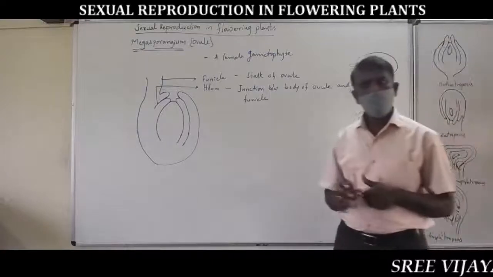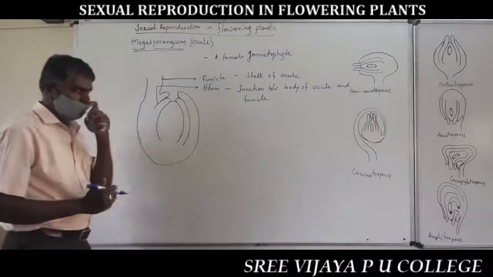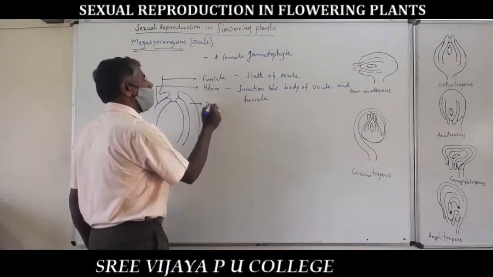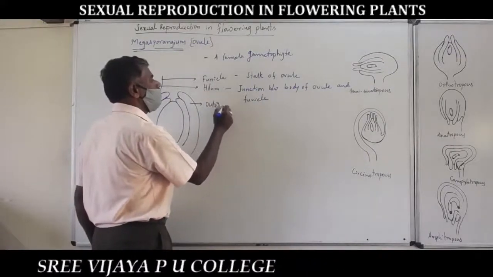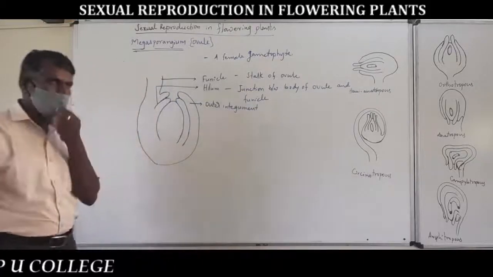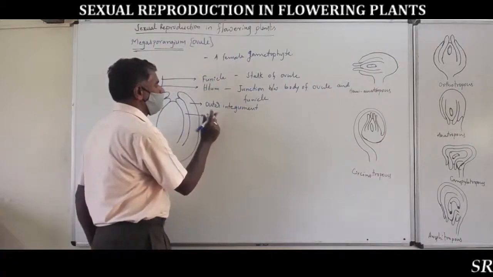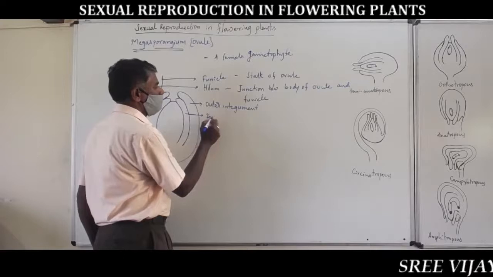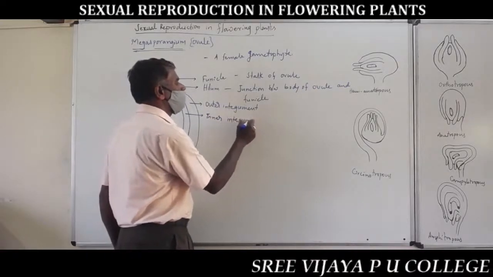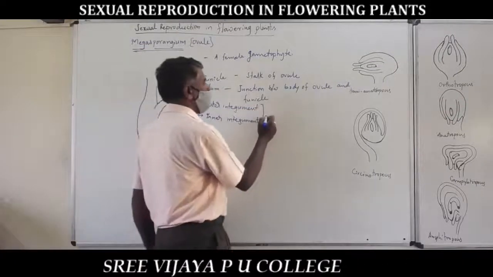These two integuments are the outer integument and the inner integument. So commonly they are called integuments.